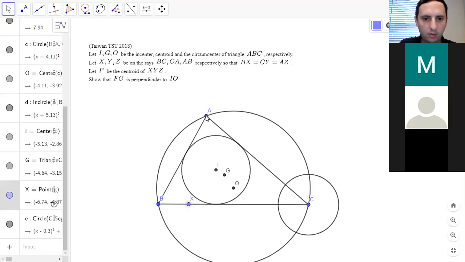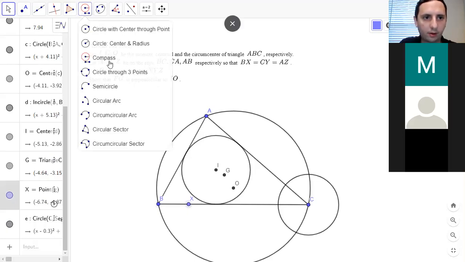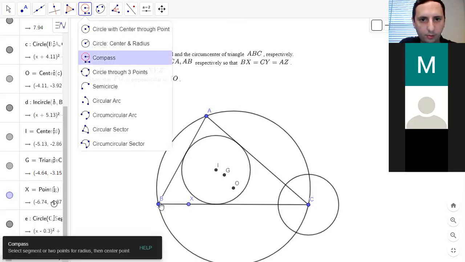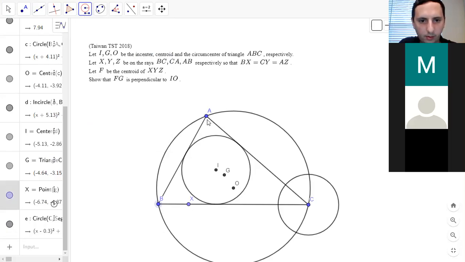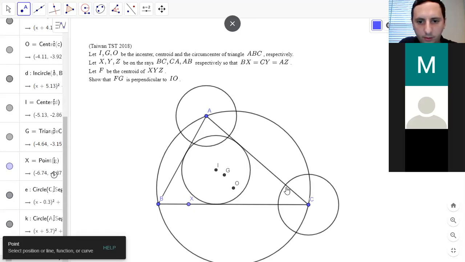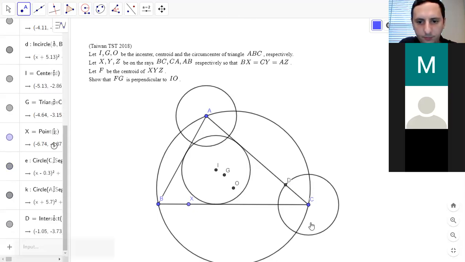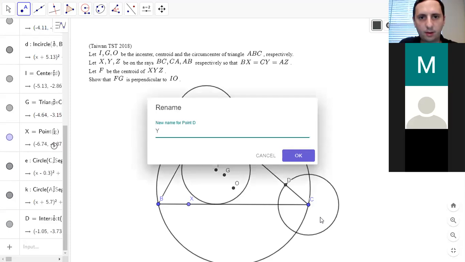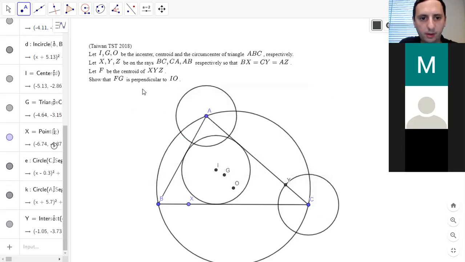Whoops. That's not what I wanted. Sorry. Oh, that's because I got to use a compass again. BX equals CY equals AZ. Y is on CA, and Z is on AB.